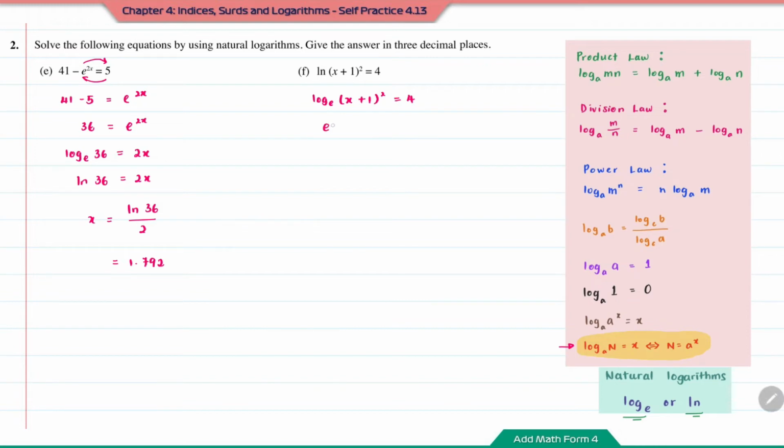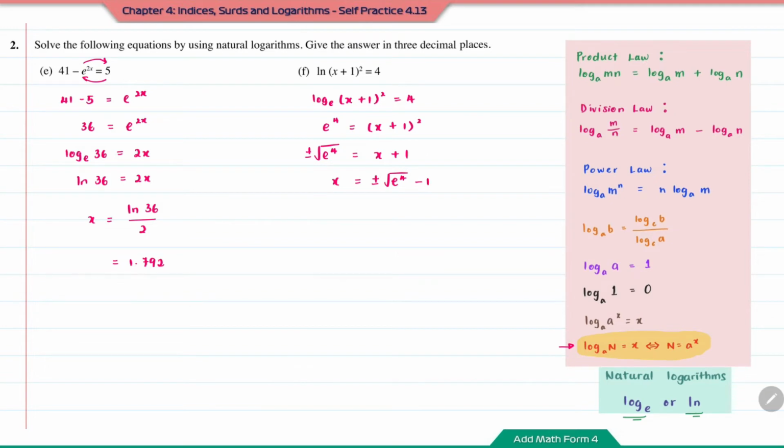Therefore, this will be e to the power of 4 equal to bracket x plus 1 squared. To find the x, first we're going to move this square to the other side. It will be plus minus square root of e to the power of 4. Therefore, x is equal to plus minus square root of e to the power of 4, minus 1.